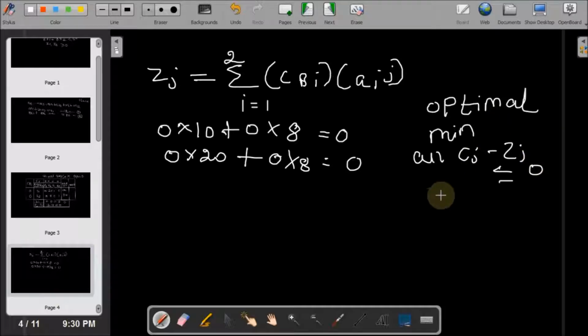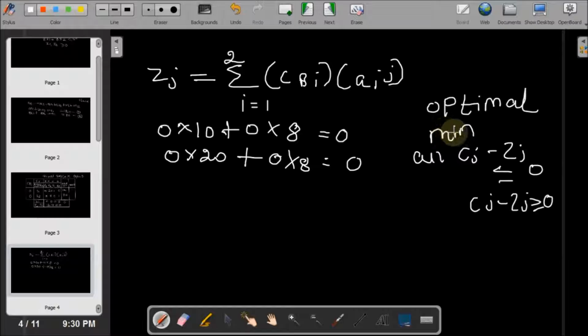But for a maximization problem, cj minus zj is greater than or equal to 0. But what is my problem? Minimization problem. Sorry, for minimization, the value should be greater than or equal to 0. Sorry for that.